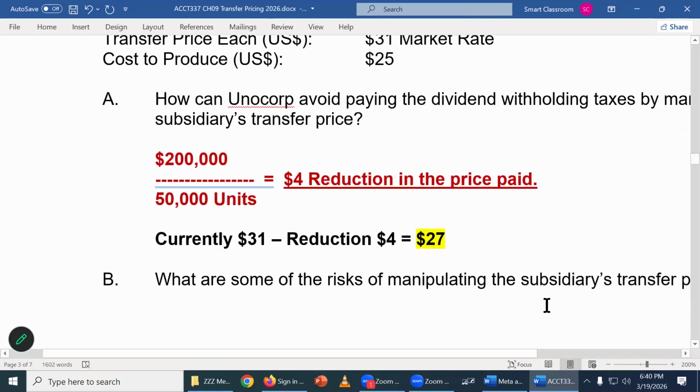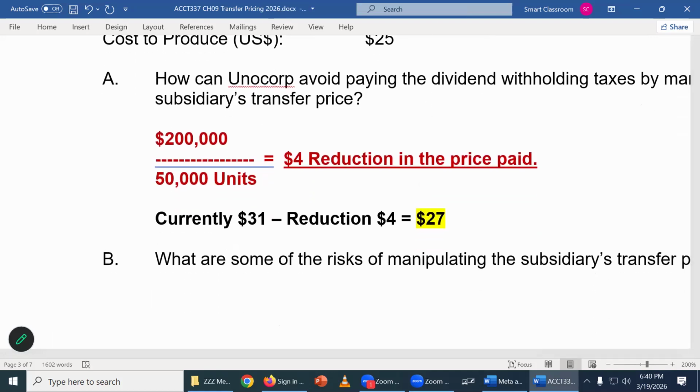What are some of the risks in doing this? Part of the problem with this is, before, the price was 31 and the cost was 25.